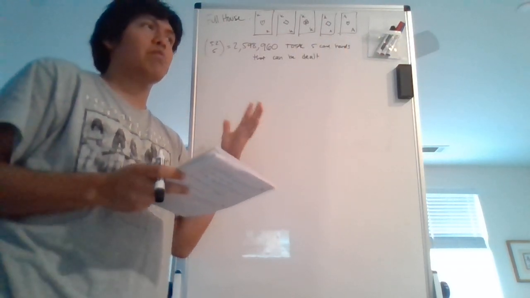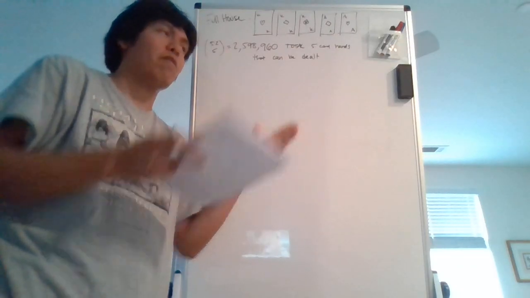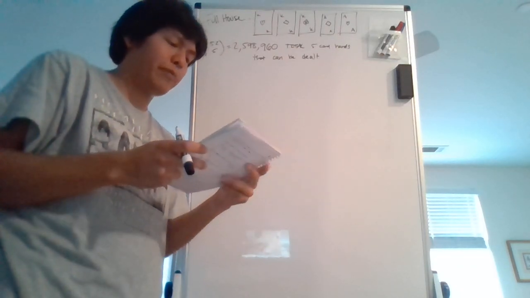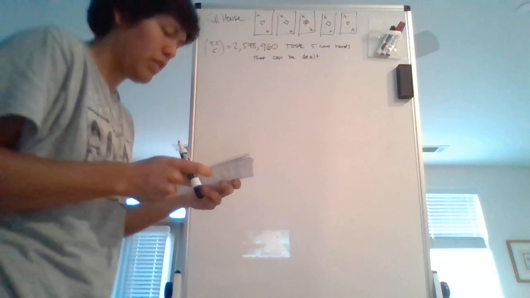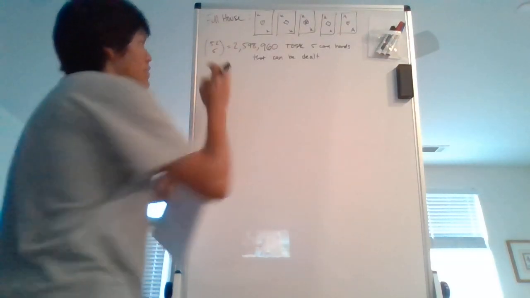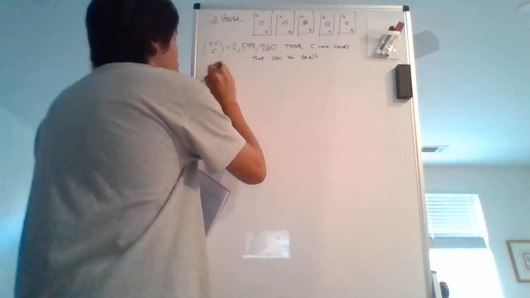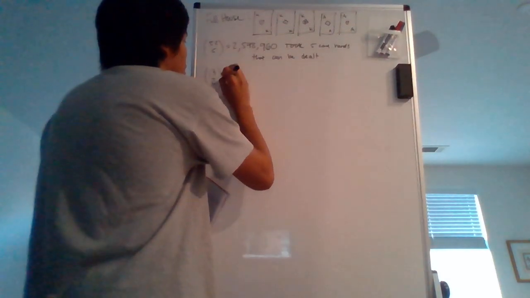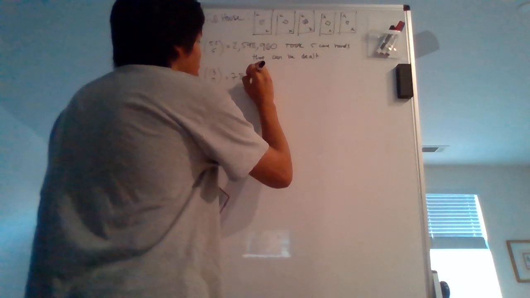So how many possible pairs from 13 ranks can we find? So that would be 13 choose 2, right? That's 78 pairs of ranks.